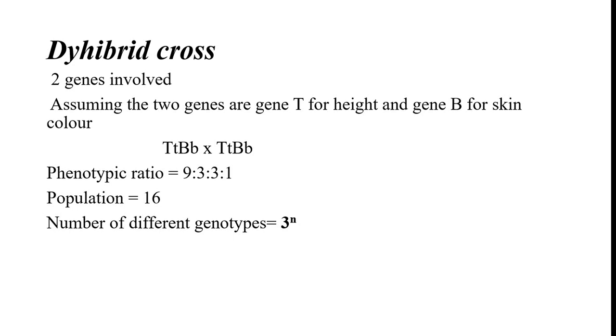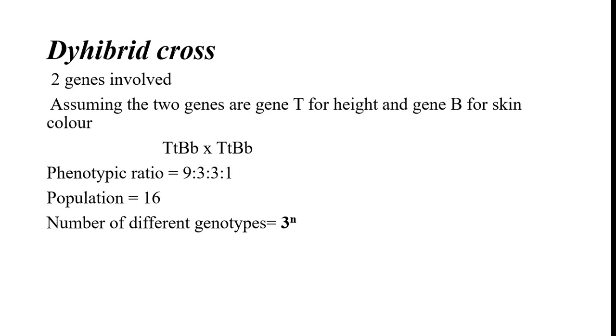So in the phenotypic ratio, you can see that every number represents a particular phenotype. The first one represents the fact that the person will be tall, and if for instance, for gene B, we take capital B as black and small b as white, then all the members in the 9 are going to be tall and black. Then the first 3, if we are considering the T to be dominant and the B to be recessive, the person is going to be tall and white.